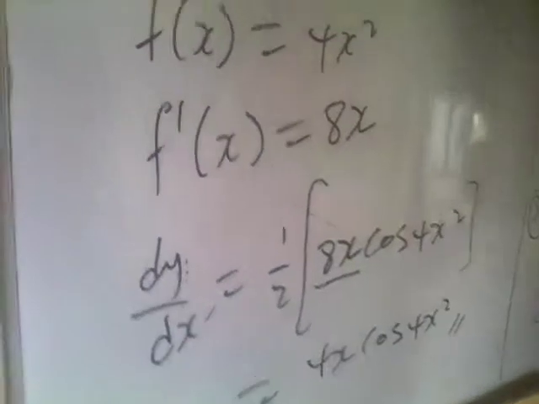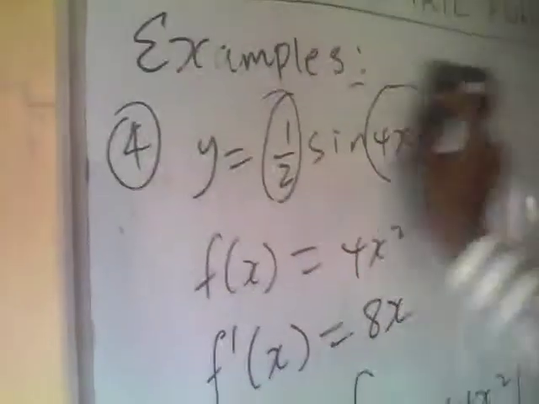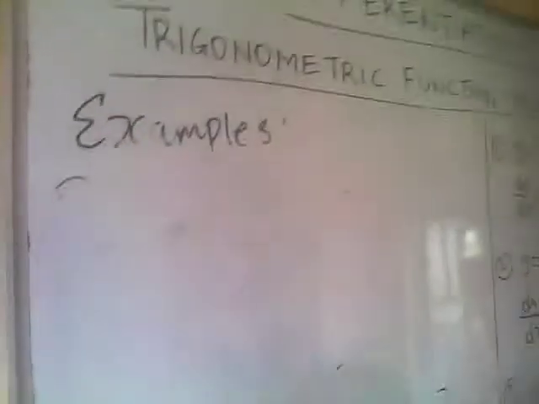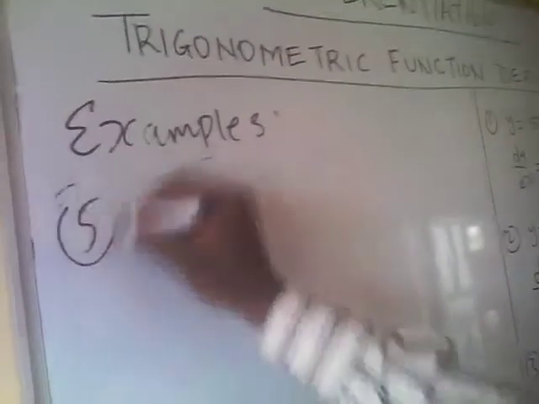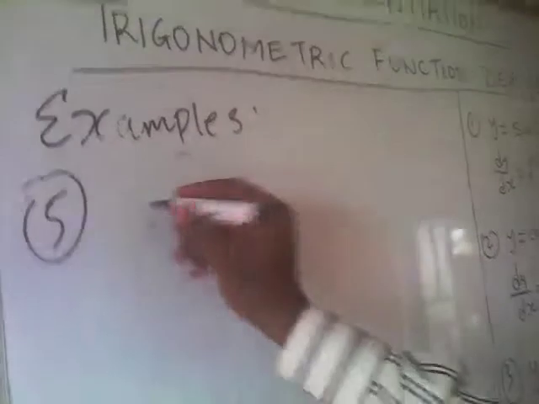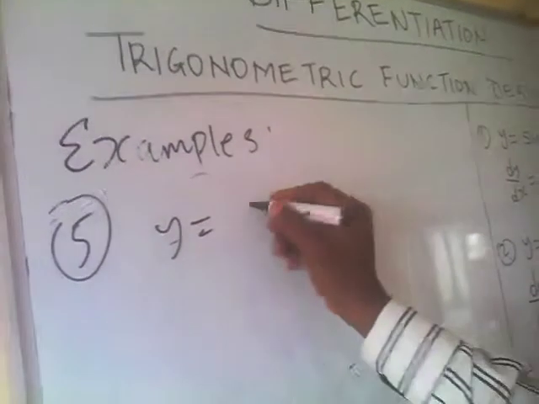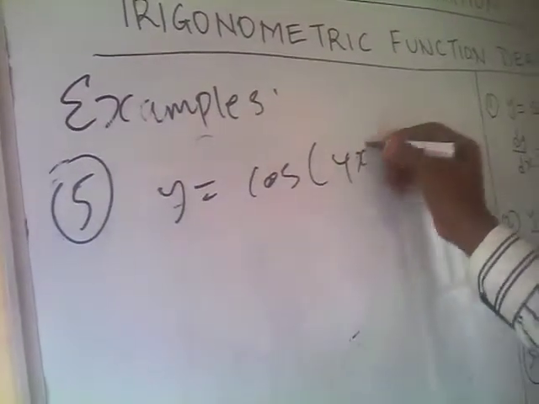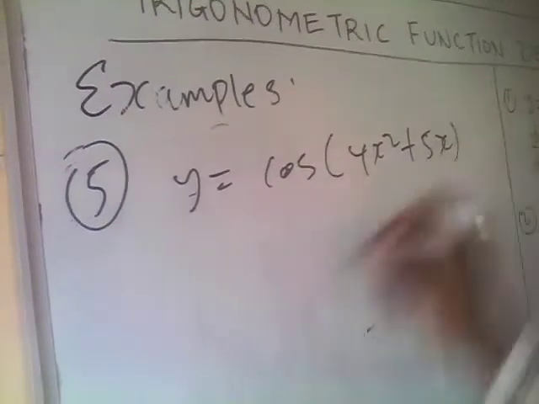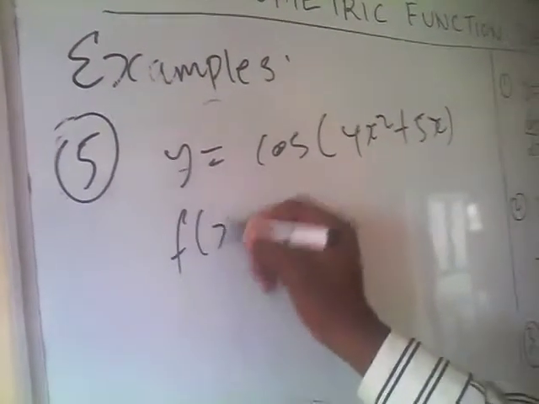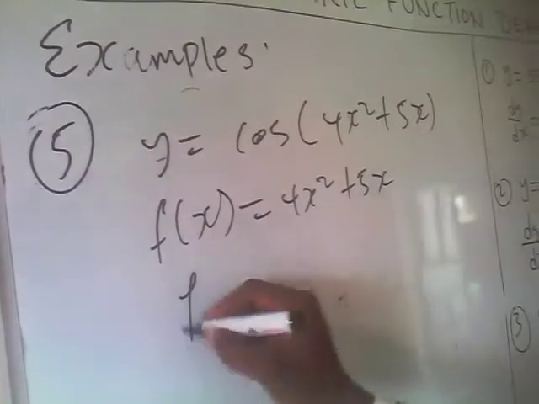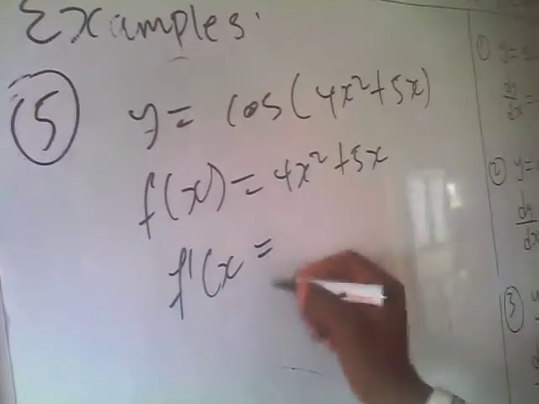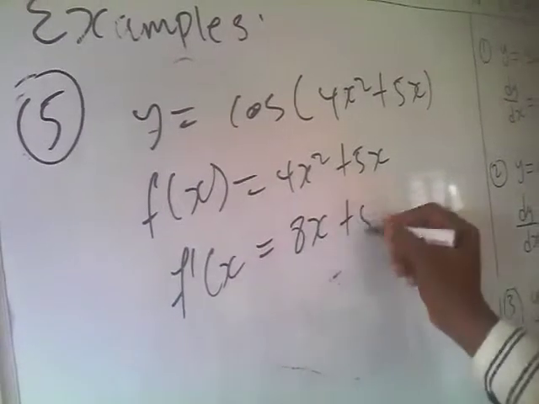Now we can go ahead to another example. I think we have 6 examples here. We have tackled 4 now, remaining 2. So number 5, we have y equal to cos of 4x squared plus 5x. Immediately we know that f of x is equal to 4x squared plus 5x, so f prime of x is going to be equal to 8x plus 5.